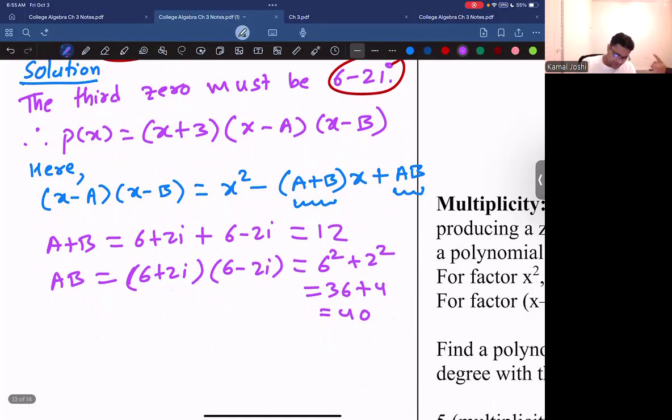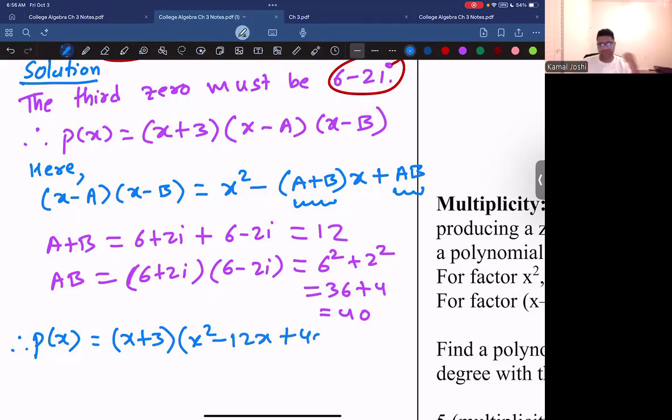So your polynomial p of x is x plus 3 at the front, then the rest of it is x squared minus 12x plus 40. That second part, x minus a times x minus b, I multiplied as x squared minus (a plus b)x plus ab. Then I found the values of a plus b and ab and plugged them in here. Okay, I'll see you in the next video. Thank you.